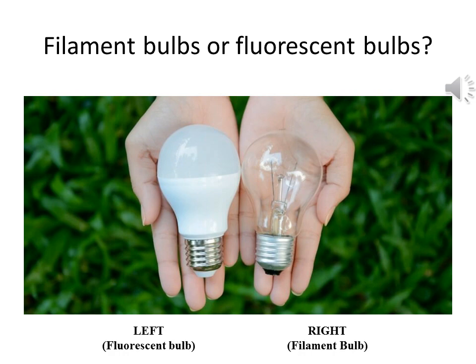Okay, guys, do you see we have two kinds of bulbs over here? One on the left is the fluorescent bulb, and the one on the right is the filament bulb, the bulb which has this tungsten wire in it, right? It has a filament, a wire. So what is the difference between these two, and why are we learning about them?